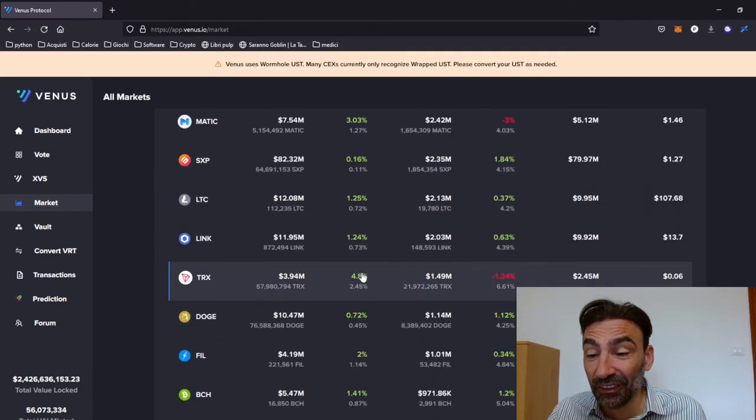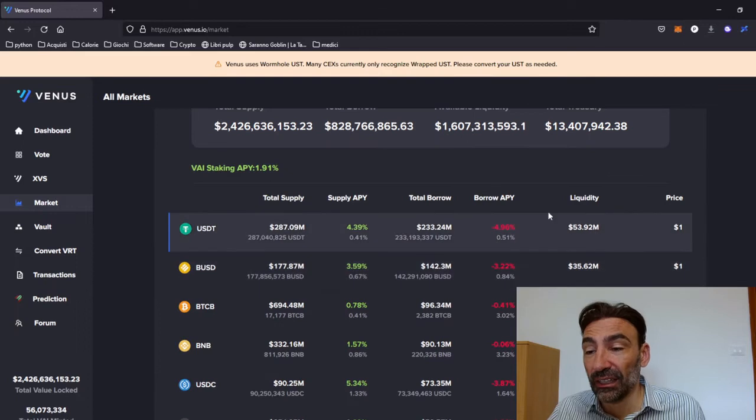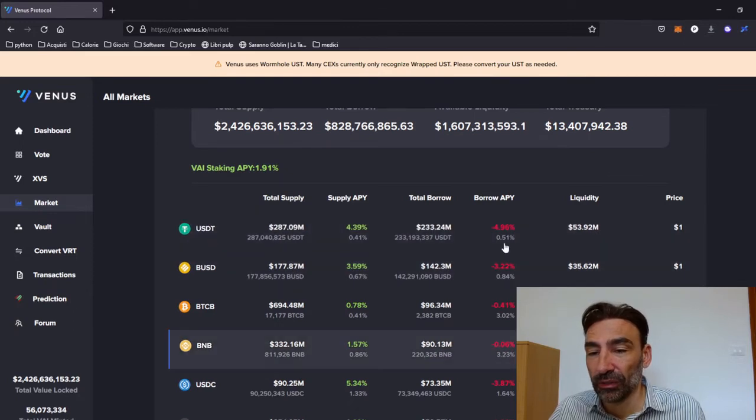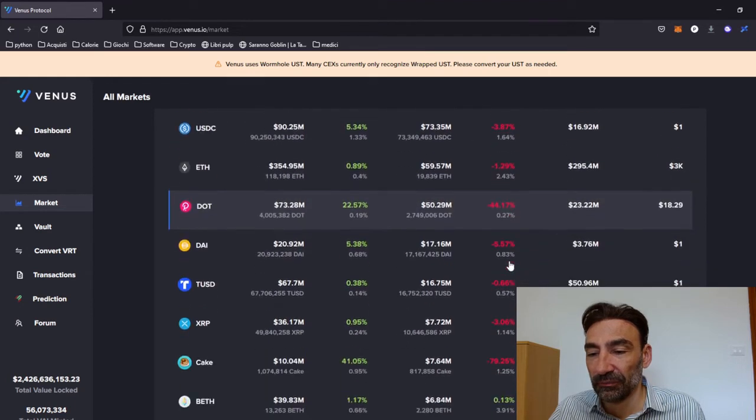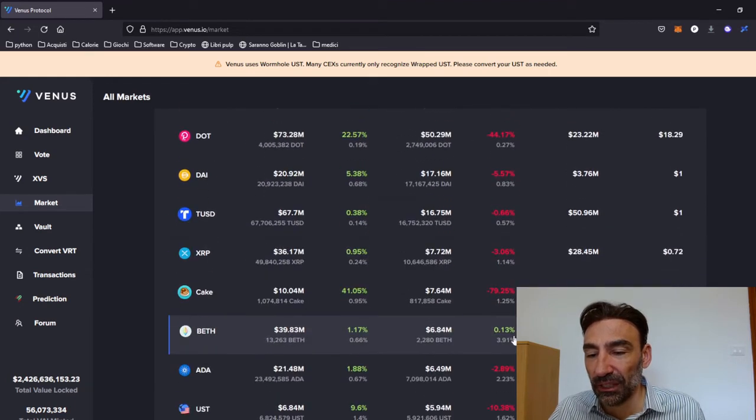Okay, and this is how much you pay if you borrow. So if you borrow USDT, you pay 4.96. Okay, it's interesting to note that sometimes, look at this one, if you supply BF, you get 1.17. If you instead borrow BF, you don't pay, you get 0.30.